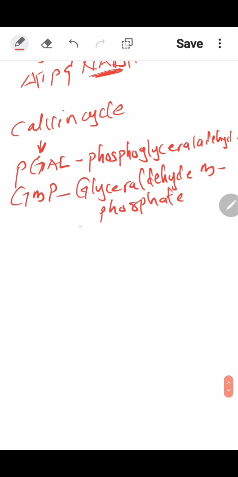So this is like a 3 carbon with a phosphate attached. I'm going to talk more on this in our next lecture.